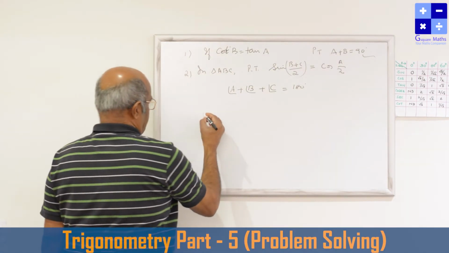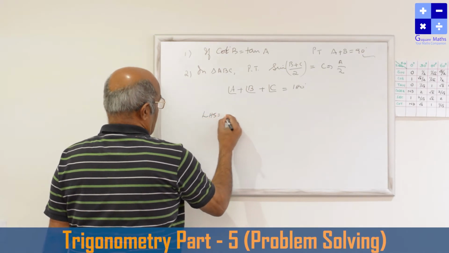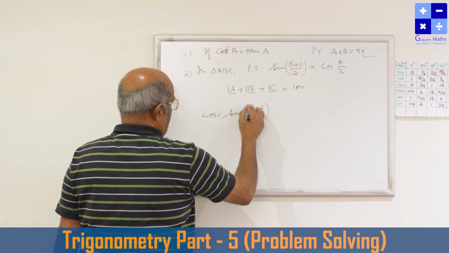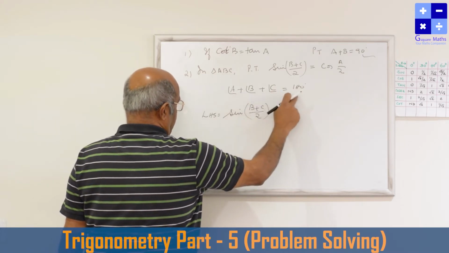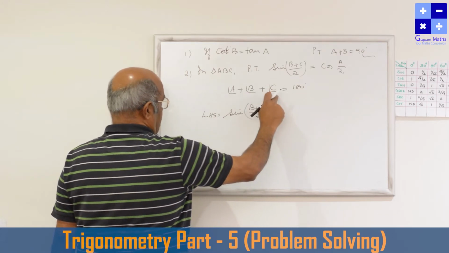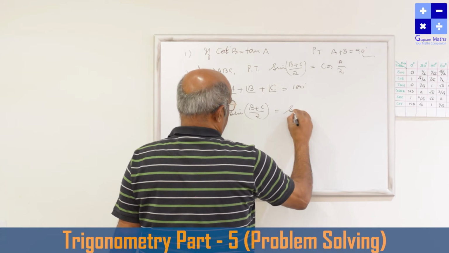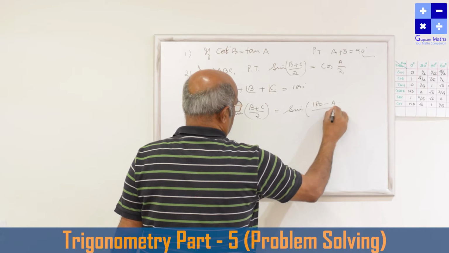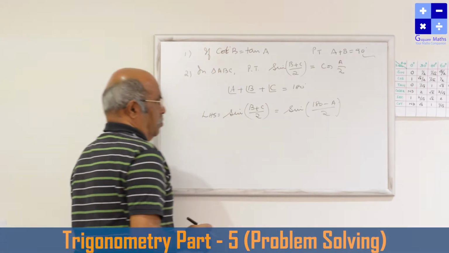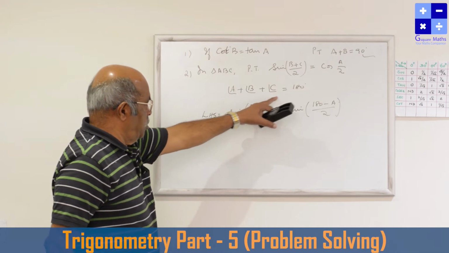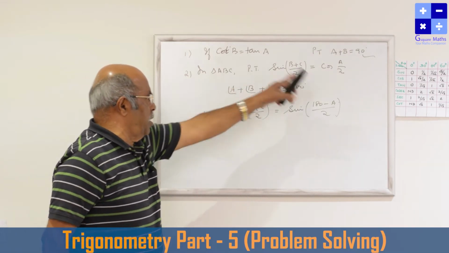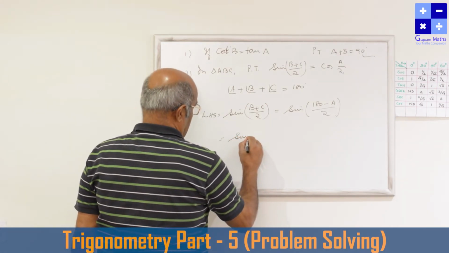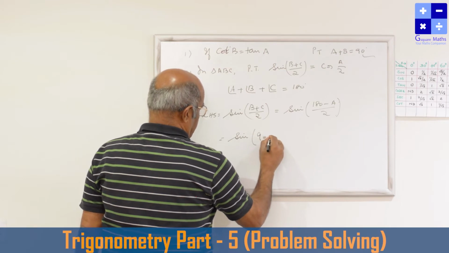Now take the left hand side, sine of B plus C by 2. As A plus B plus C is equal to 180, therefore B plus C is equal to 180 minus A. So that's what I have written here. Divide that by 2: 90 minus A by 2.